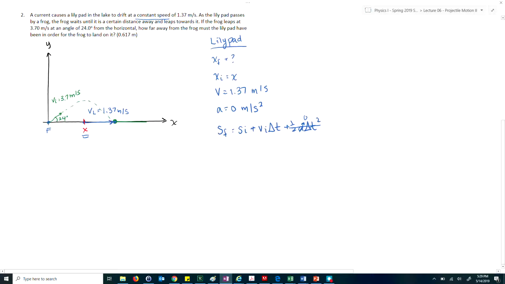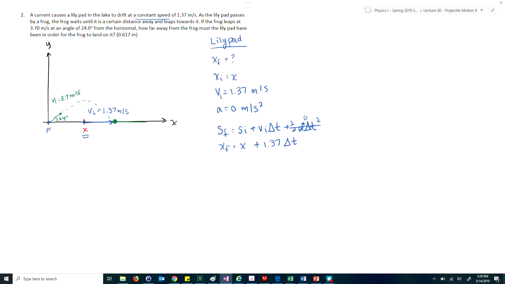So my S F, I'm using X F to describe the final x position, equals the initial position, which we said was x, plus the initial velocity, 1.37, times the time. Now we don't know the time, so we're going to keep this expression the way it is. We can't actually solve for X F, but at least we have an expression for it.